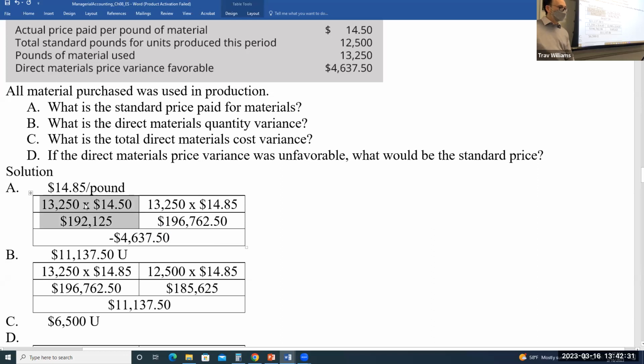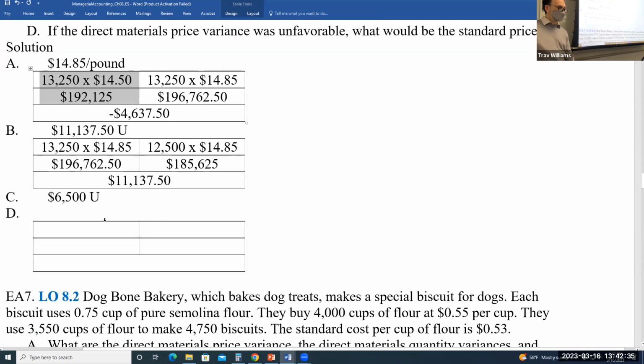The actual quantity and actual price are going to be the same. This, they're telling us, is going to be a positive number because it's unfavorable. So now we just have to complete the rest. Okay, and that will tell us the new standard price.